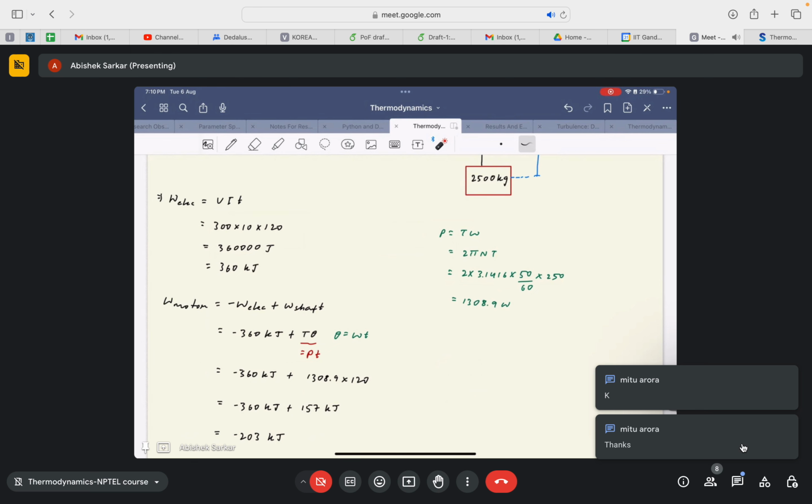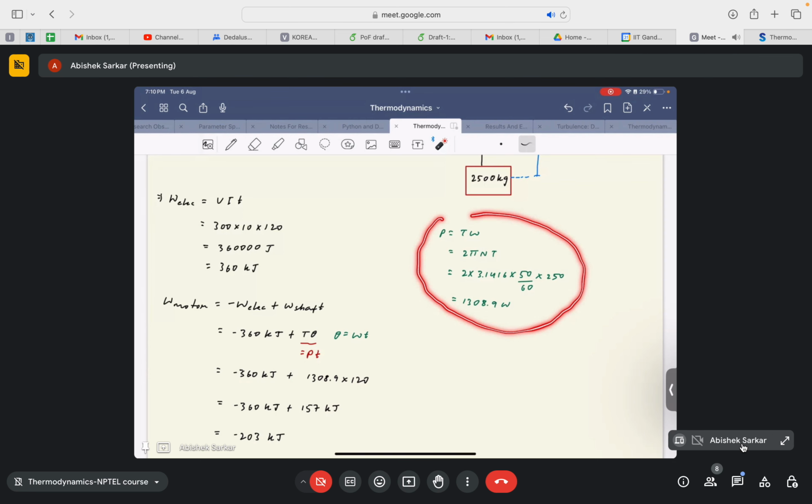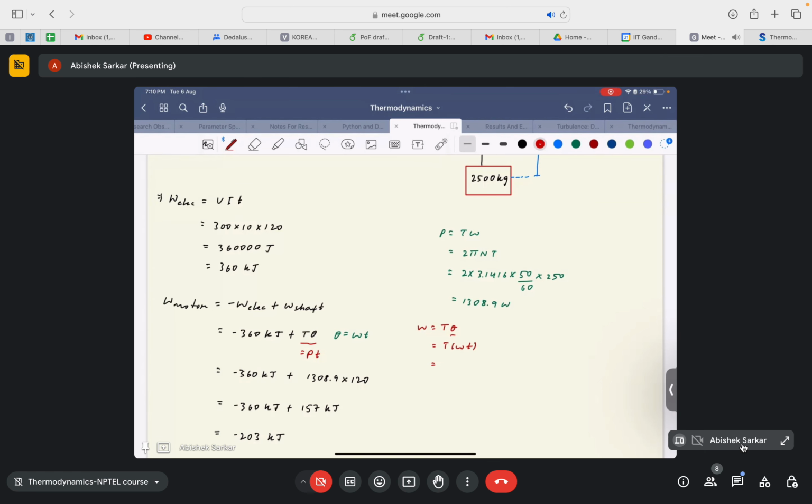Okay. I hope it is clear for everyone. I thought that since this was already done by Professor Anand, I just skipped through it, but I will explain it once. The net work interaction by the shaft mechanism is given by T into theta, where theta can be given as omega into t. Now omega can be written as 2 pi n, and capital T is the torque and small t is the time.